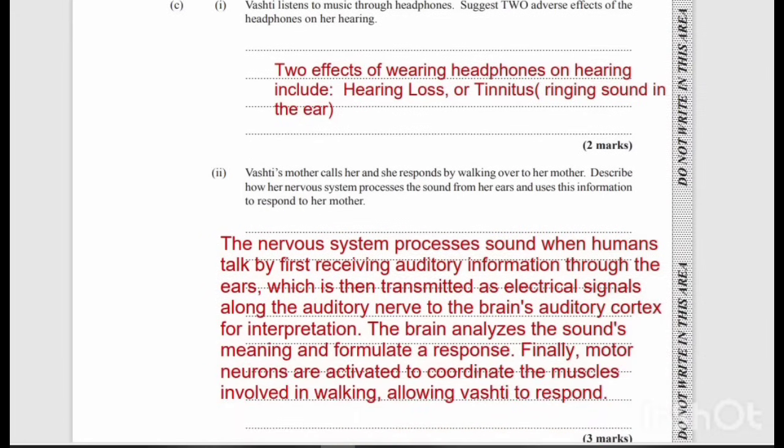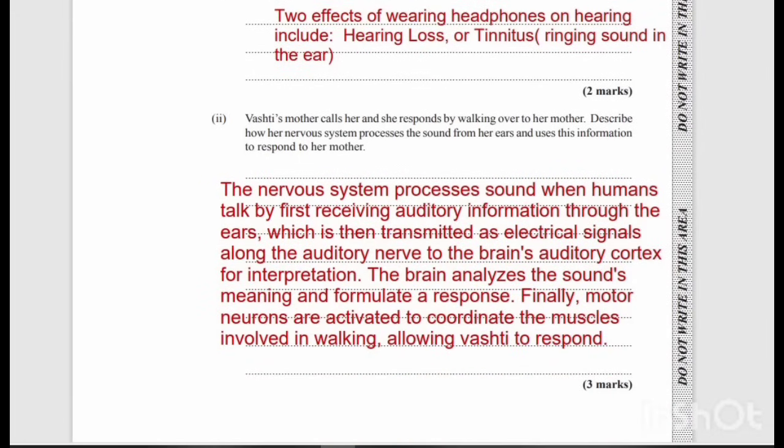Okay, the next part of the question says Vashti's mother calls her and she responds by walking over to her mother. Describe how her nervous system processes the sound from her ears and uses this information to respond to her mother. Now, the nervous system processes sound when humans talk by first receiving auditory information through the ears.